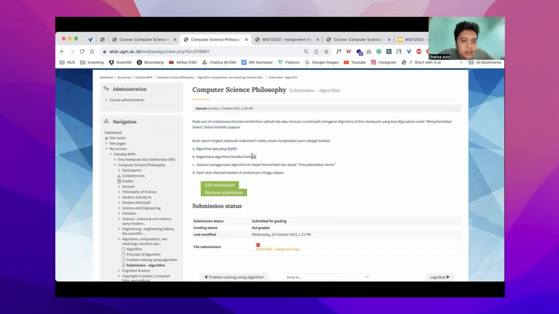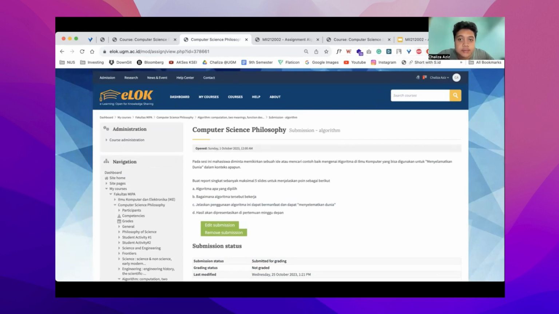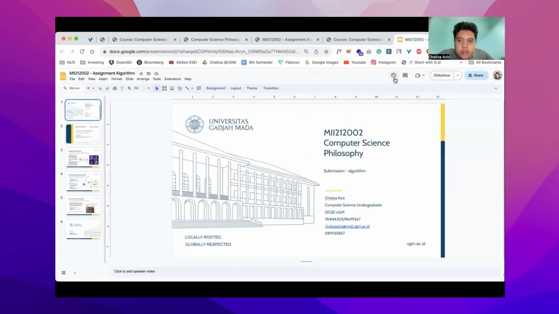We explain how that algorithm works, and then what the real forms of implementation are that we can do to present changes. Then this assignment is supposed to be recorded, uploaded, and then submitted to my LMS, Learning Management System, here at UGM.